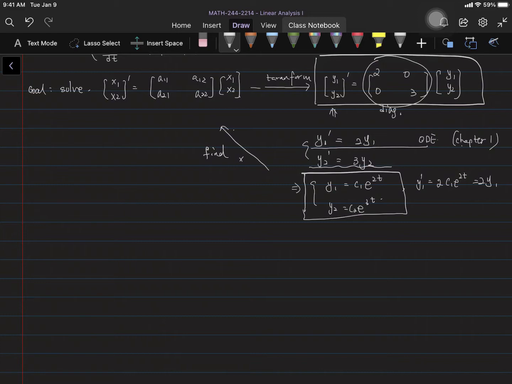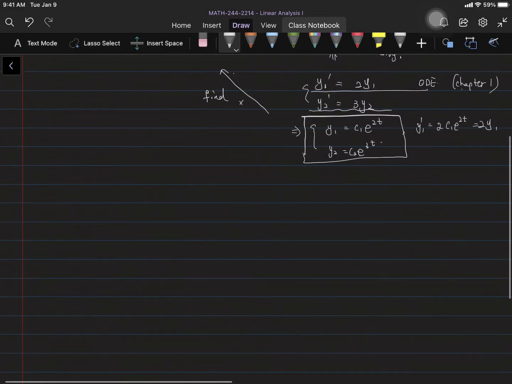Now let's take a look at the procedure. At the beginning, we want to solve this linear system, let me write it down again: a21, a22, x1, x2.